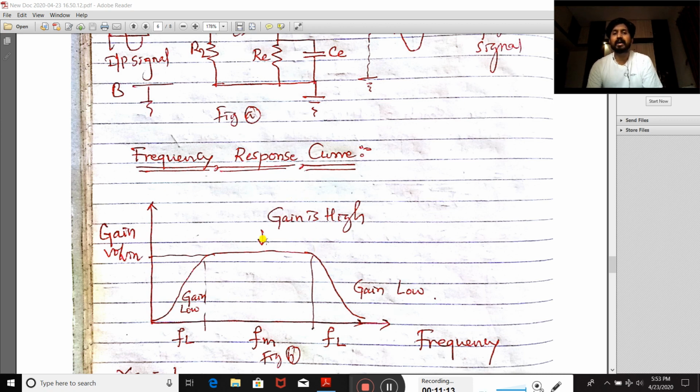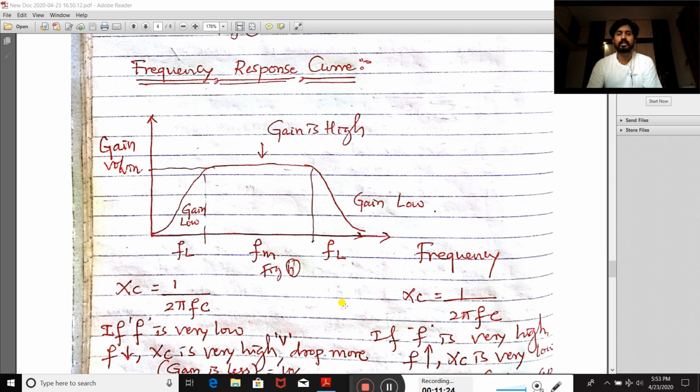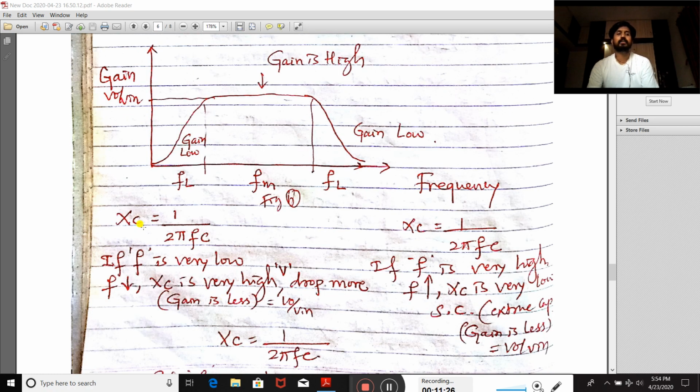What is required of an amplifier? The gain should be high, we should get a higher value. So why is it less on this side and also less on this side? We'll see with the help of this expression. Consider Xc equals 1 divided by 2 pi F C. If frequency is very low, then what happens? Xc value increases because it is inversely proportional.